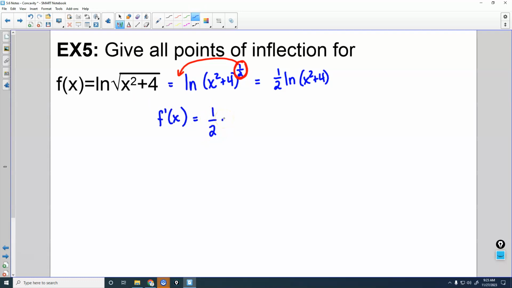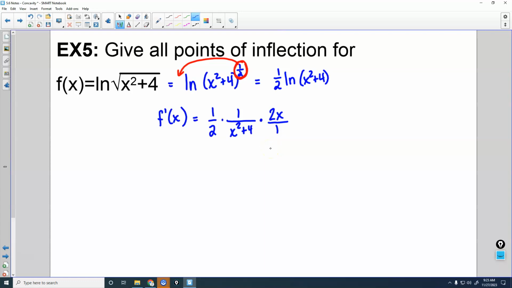So when I take the first derivative of this, the 1/2 just kind of hangs out because it's a coefficient. What do I do to take the derivative of natural log? 1 over. So I'm going to have 1 over the stuff on the inside, x squared plus 4. But then what do I have to do? Multiply it by the derivative of the inside, which would be 2x, which I'm going to put over a 1.